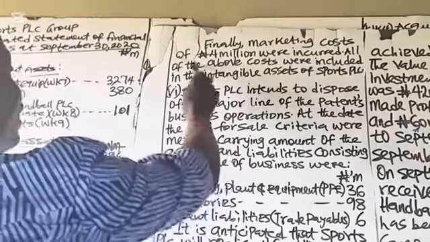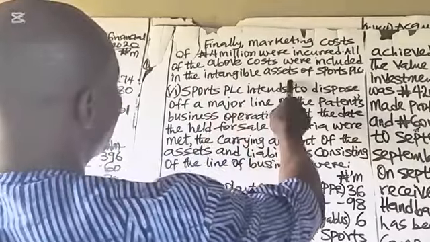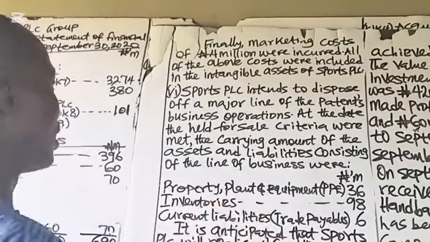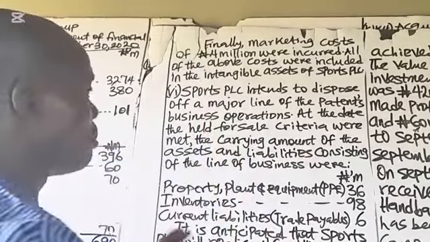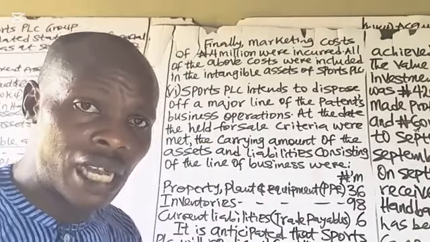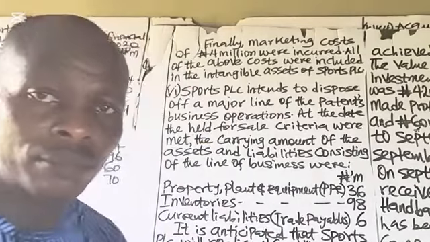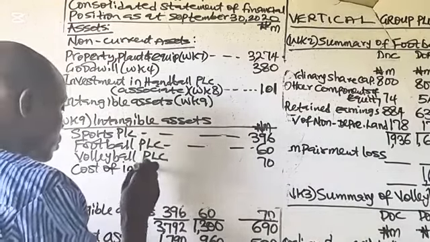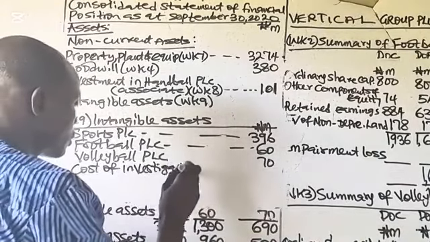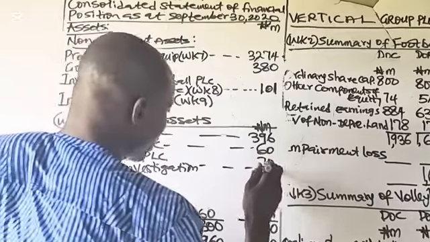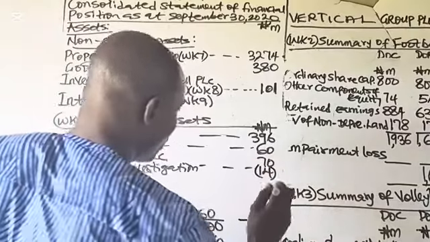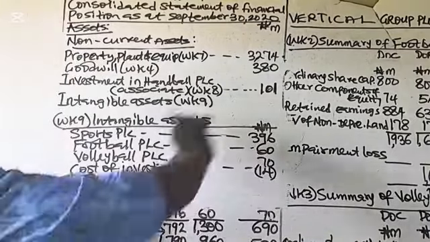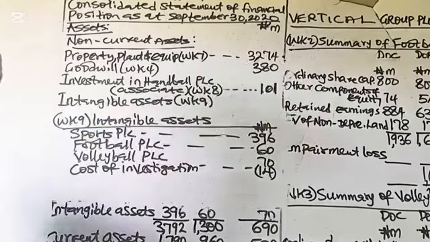So all of the above costs were included in the intangible assets of Sport PLC. So it means the 14 million and 4 million which do not meet the capitalization criteria should be expensed. Cost of investigation that doesn't meet capitalization criteria, 14 million. So we remove it from the intangible asset, you would recognize it. That means you are crediting the intangible asset and debiting profit or loss.